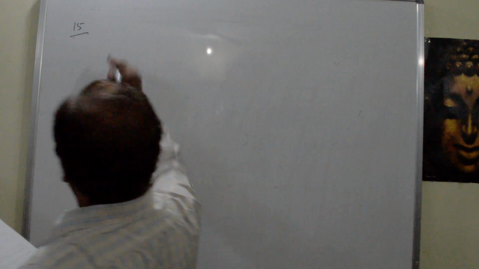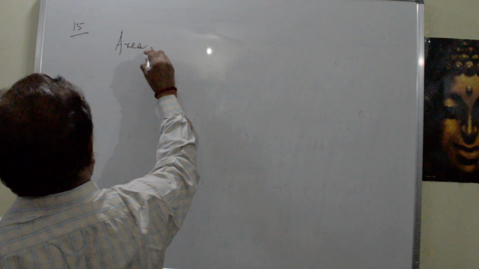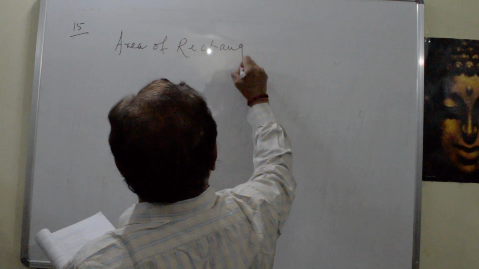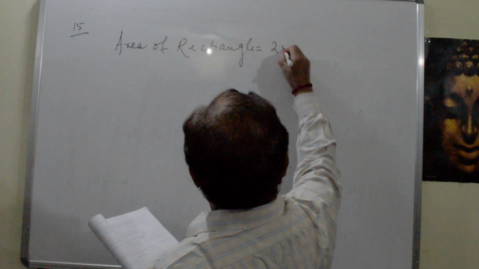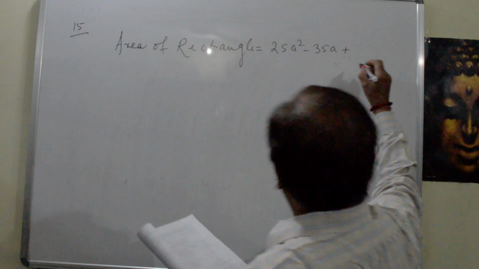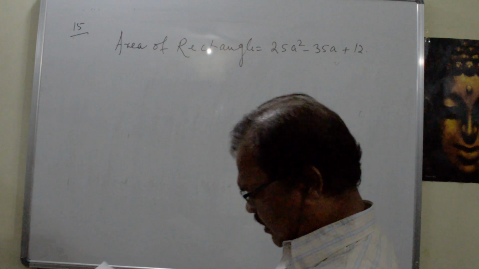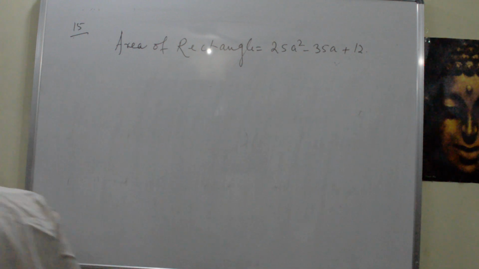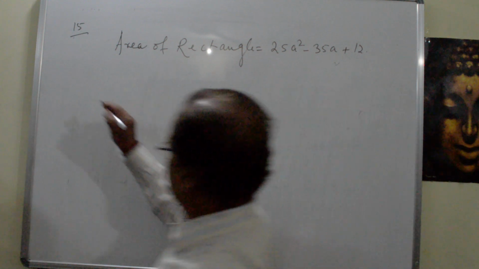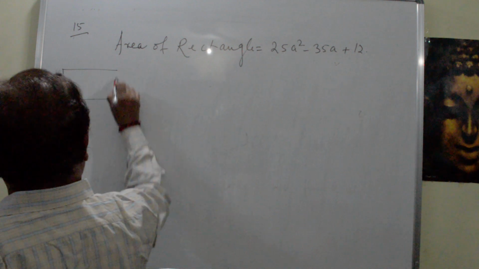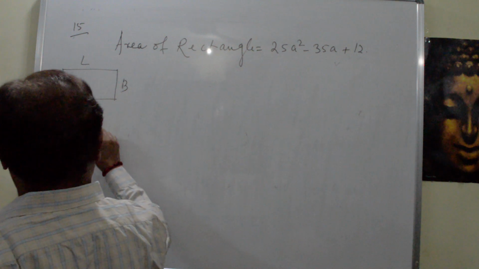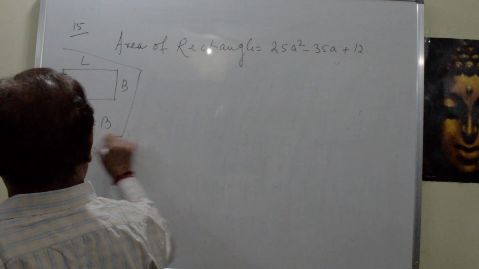The area of the rectangle is equal to 25a square minus 35a plus 12. Now the area of a rectangle, you know, with length and breadth, is length into breadth. So apply this here to get the solution.